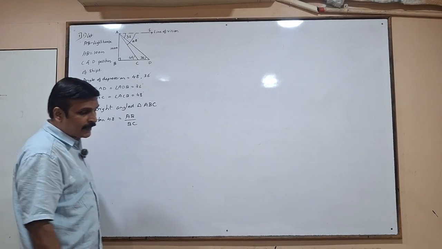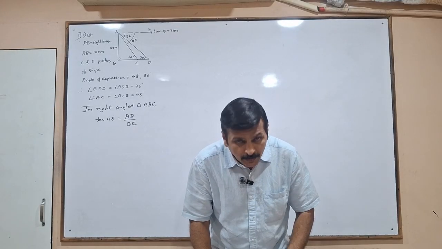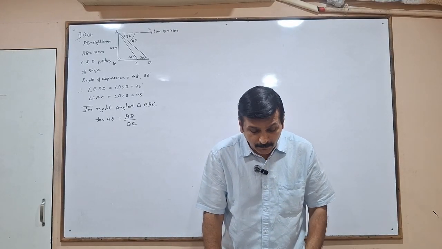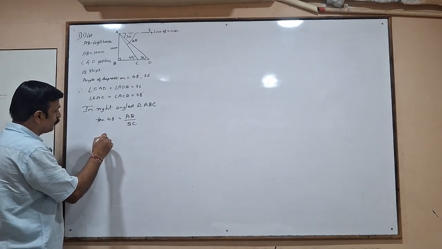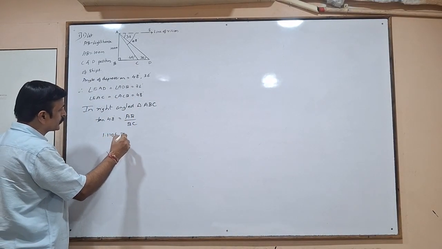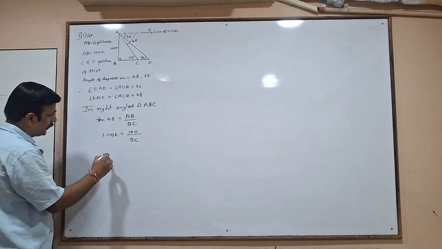The value of tan 48 we will get from the tangent table. The value is 1.1106, AB is 100 and BC I want to calculate.